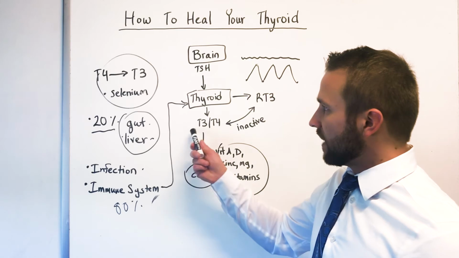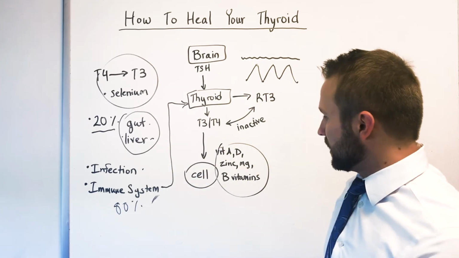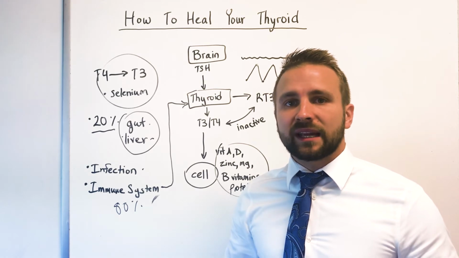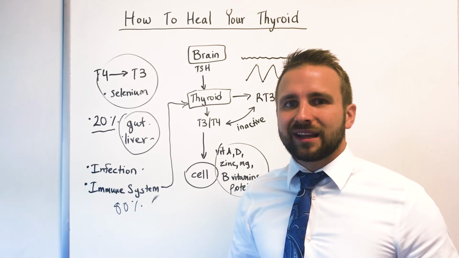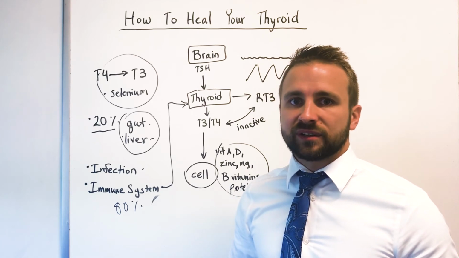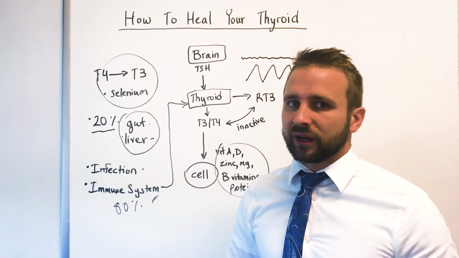It's all going to affect production of this. You also need protein here. It's also important to look at the immune system. So we want to check for leaky gut, which is the number one thing that is the gateway to all autoimmune conditions, including Hashimoto's disease, along with many other conditions.